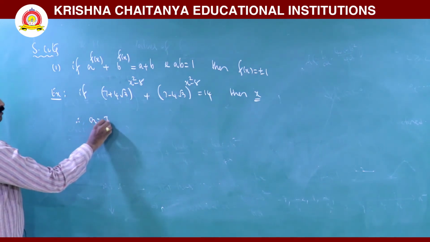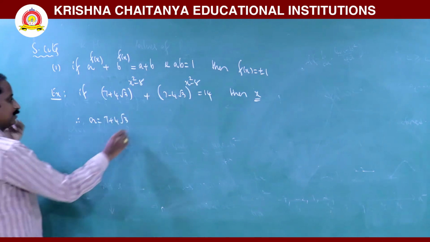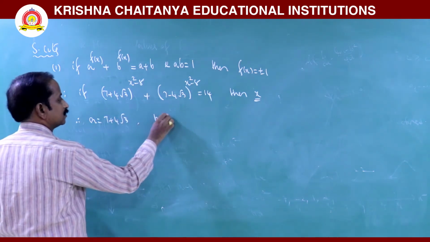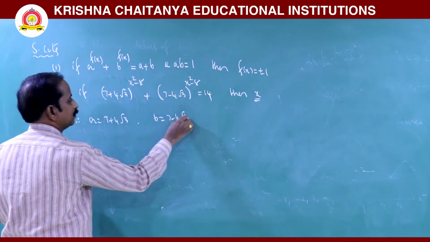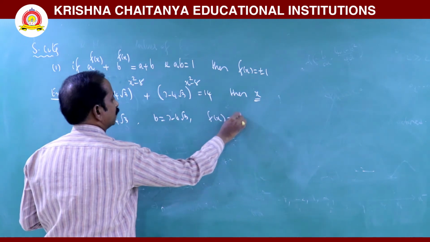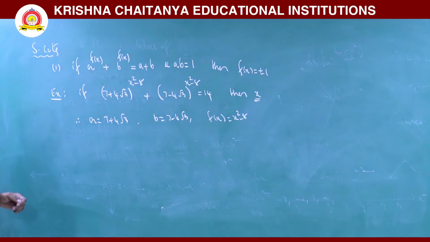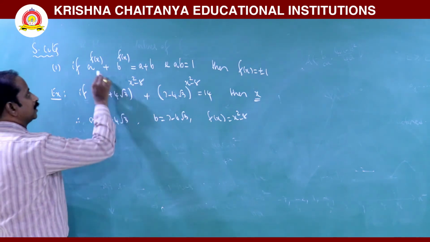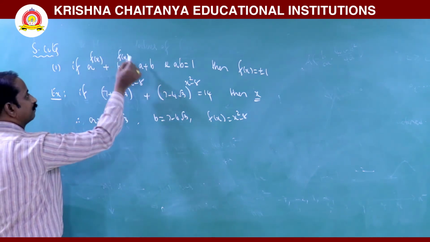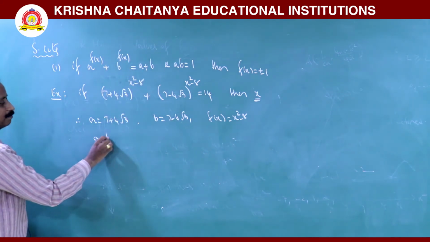Value of a nothing but 7 plus 4 root 3 and the value of b nothing but 7 minus 4 root 3 and f of x we can consider x square minus 8. Now a power f of x plus b power f of x is equal to a plus b. Let us check the value of a plus b.